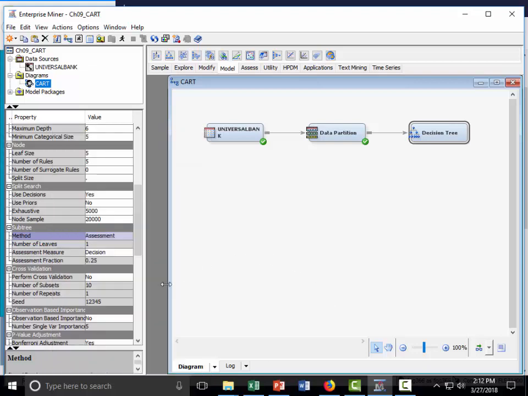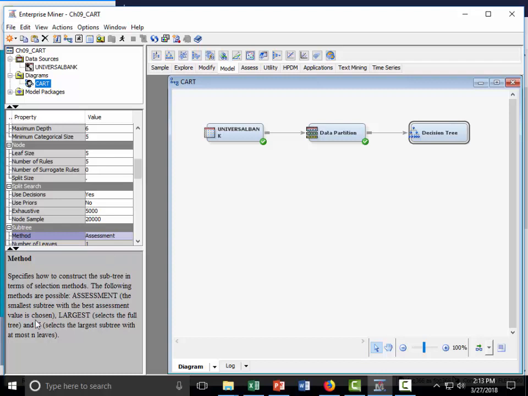Method, let's see. So N selects the largest subtree with at most N leaves. Okay, so leaves are your terminal nodes. If we want 10 terminal nodes, then you put 10.